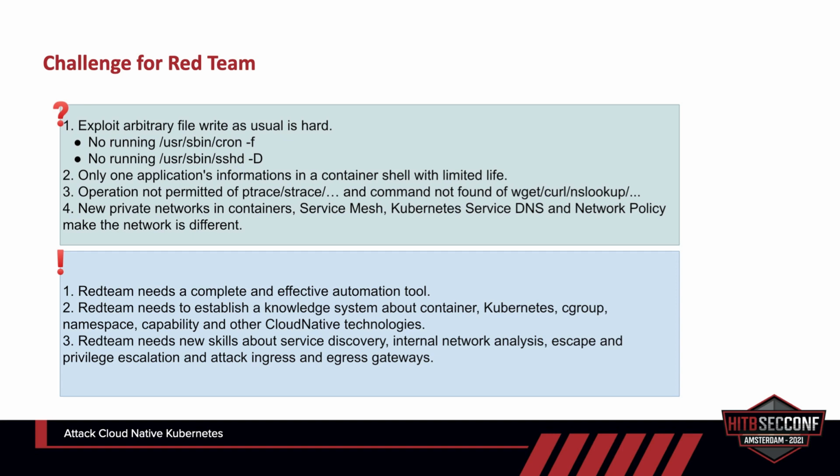In many cases, we don't have the permission to execute some commonly used commands, such as ptrace and strace, and you even need to install wget and curl. At the same time, Kubernetes will bring new container network, DNS, and security features. Obviously, the red team needs new knowledge, skills, and tools.